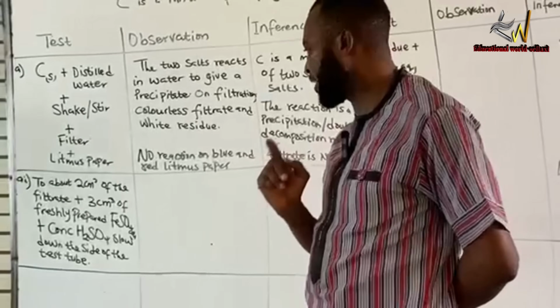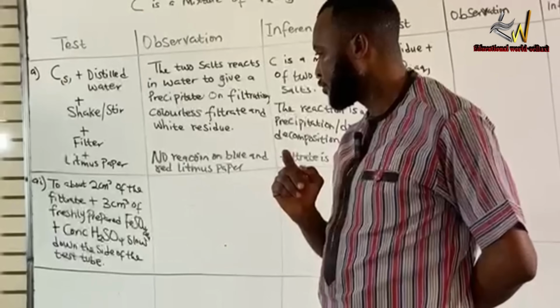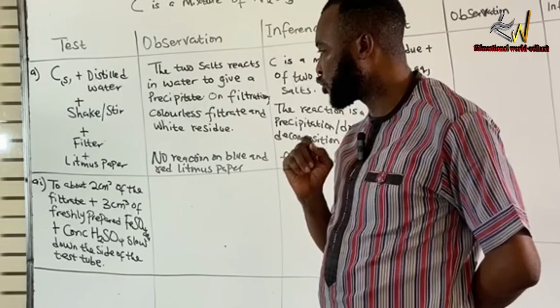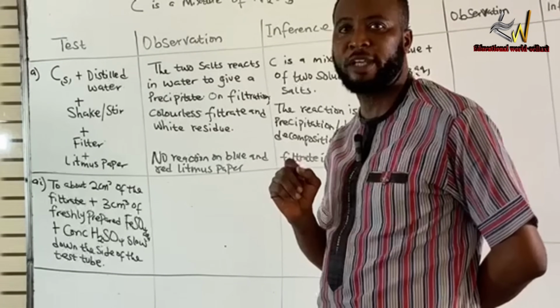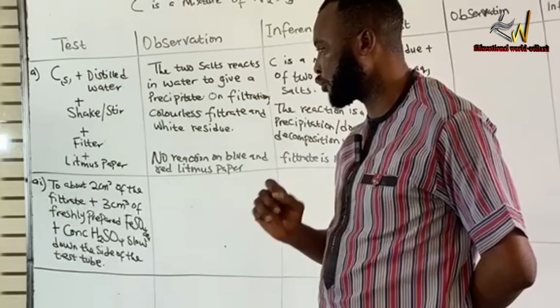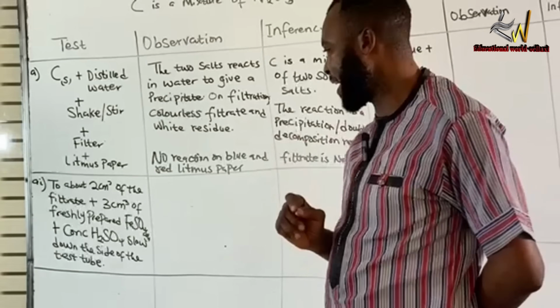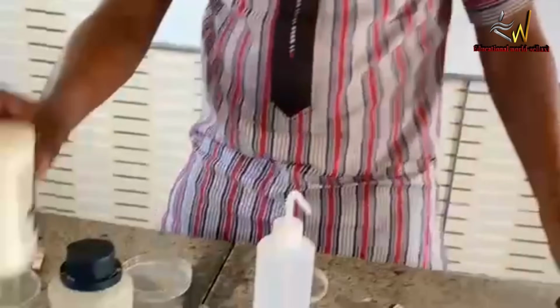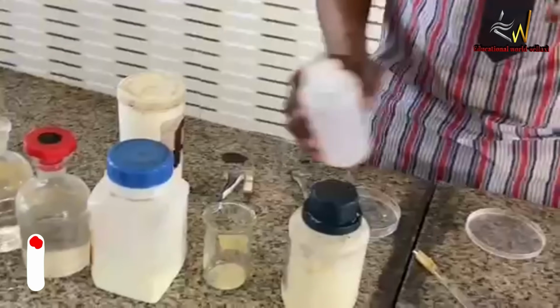That is iron(II) sulfate solution. And you add 3 or 2 cm cube of concentrated H2SO4 solution slowly down the side of the test tube.